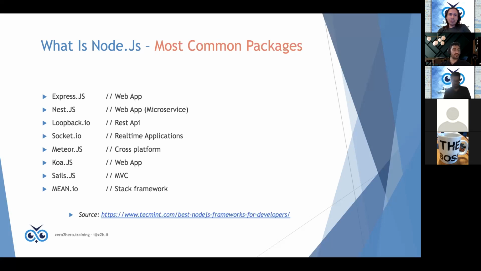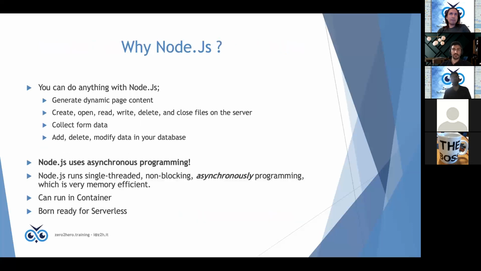Sails.js is for implementing the MVC pattern in Node.js. And MEAN is a stack framework. M stands for MongoDB, E stands for Express.js, A stands for Angular, and N stands for Node.js. These four technologies are used together, and they are named the MEAN stack.